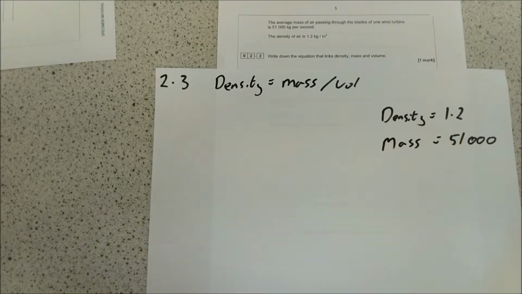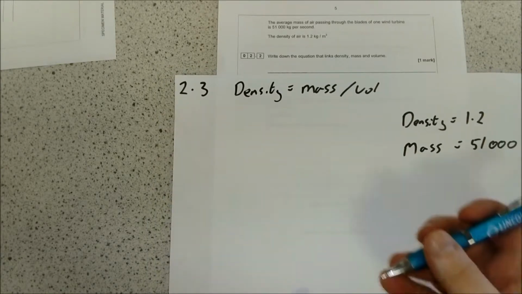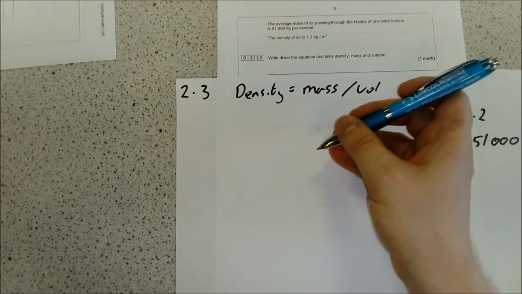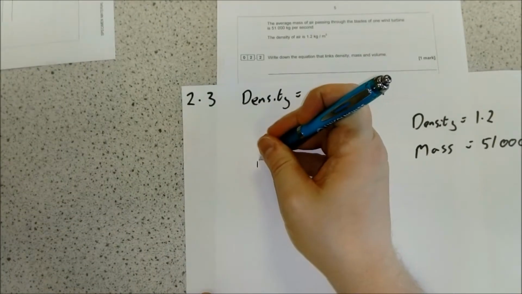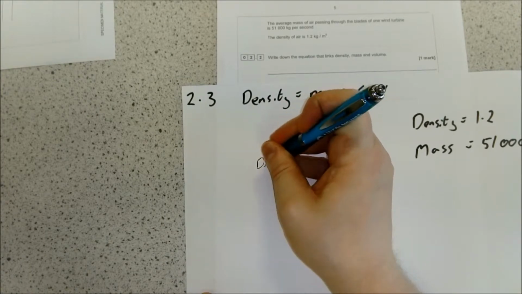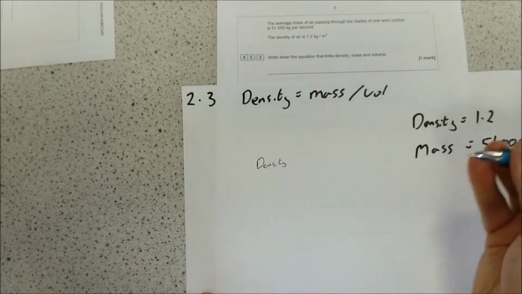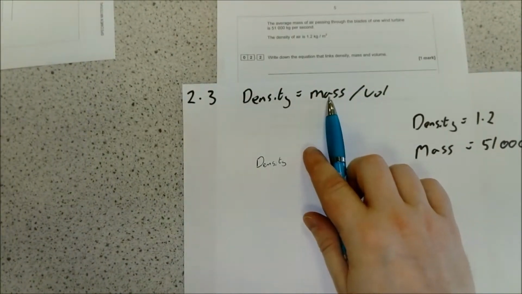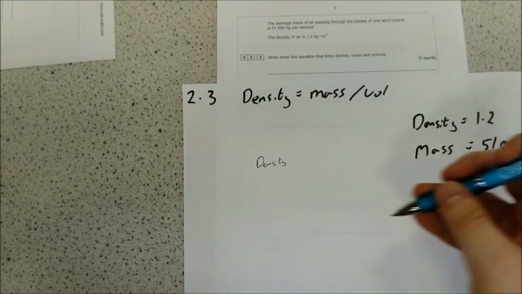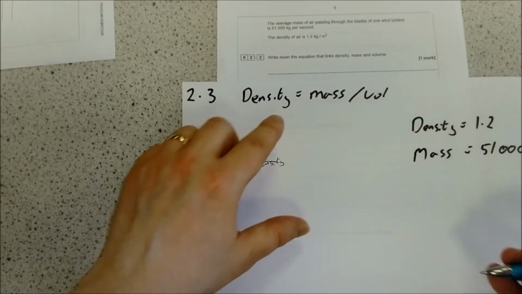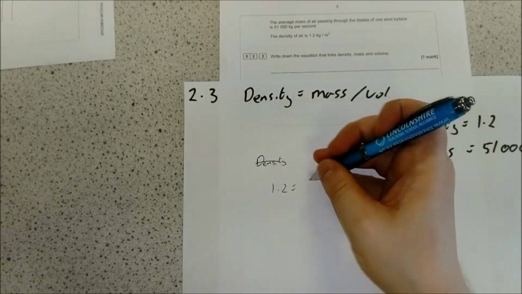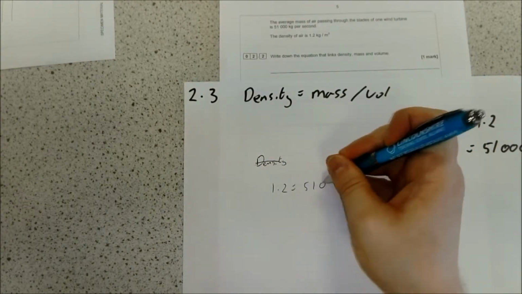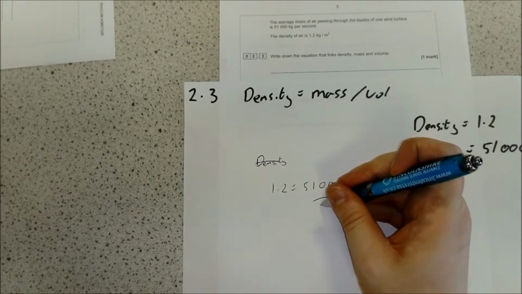The first thing that you'll need to do is rearrange the equation. We're trying to work out the volume. So we work it out as 1.2 is equal to our mass, which is 51,000, divided by volume.